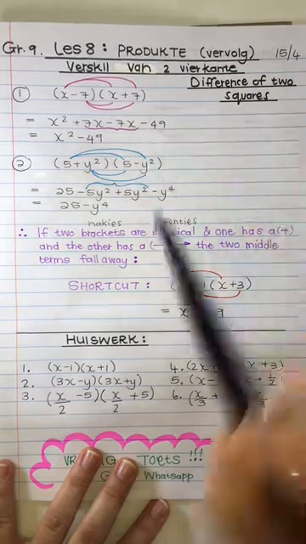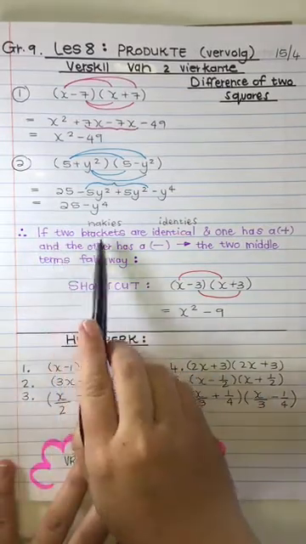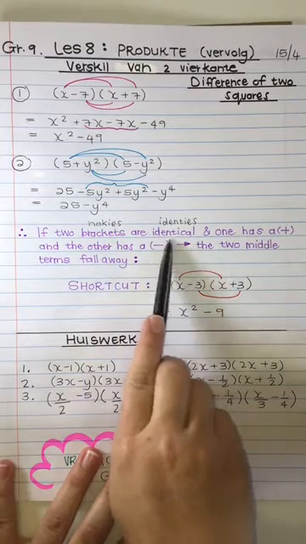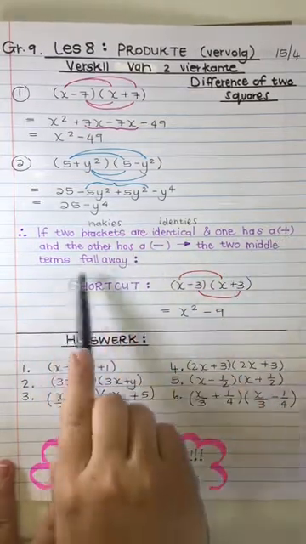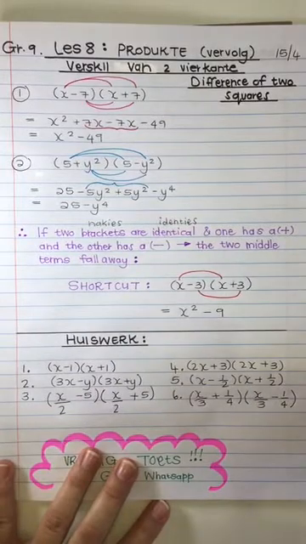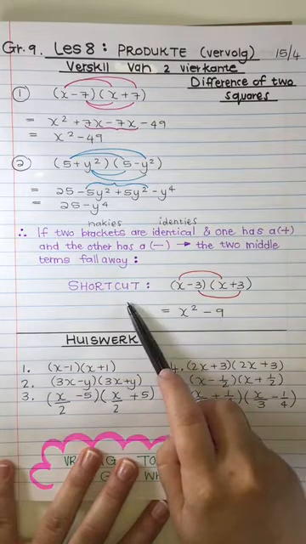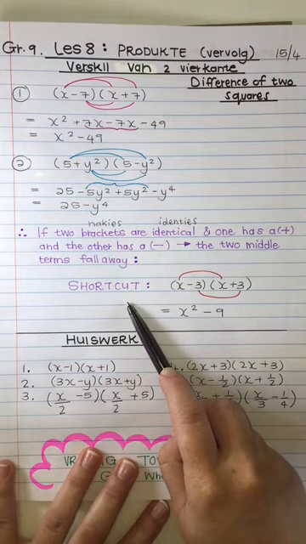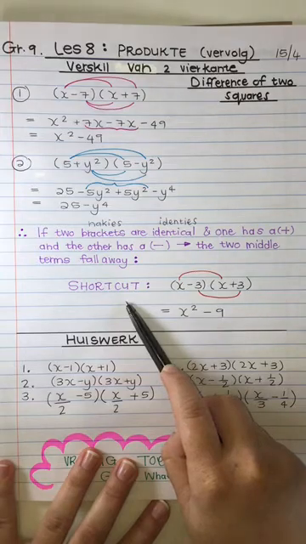So they fall away. So what we can conclude is that if two brackets are identical and one has a plus and the other has a minus, the two middle terms fall away, like you just saw. So we have a shortcut to do the difference of two squares even quicker than the parrot beak method.